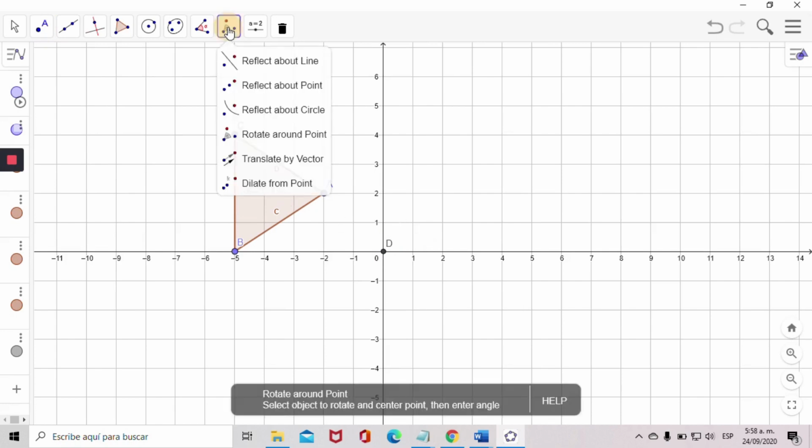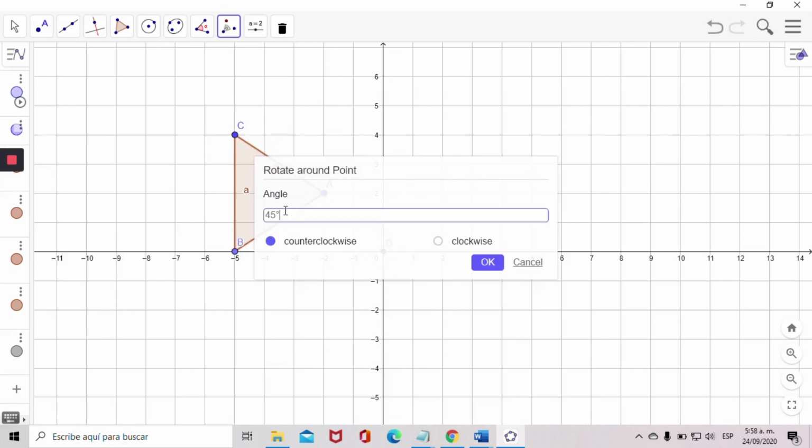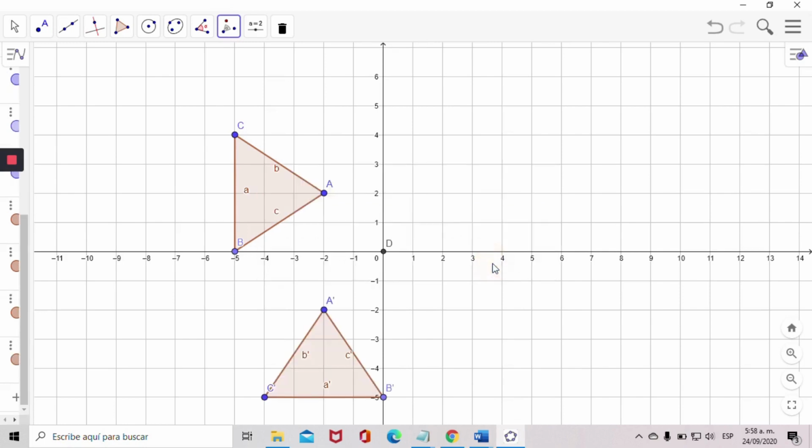Then I rotate this polygon around this axis once again, let's say 90 degrees counterclockwise, so it is rotating around this axis.